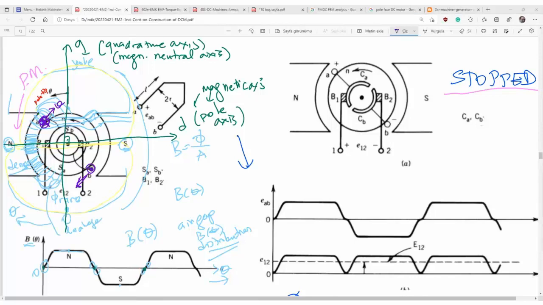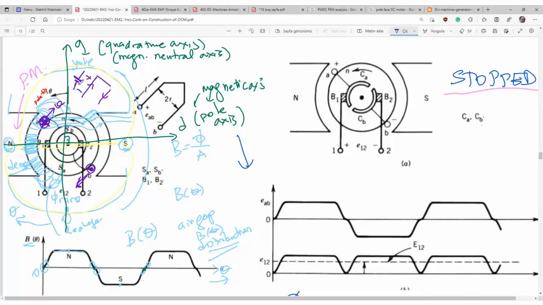Now, ladies and gentlemen, if you induce such a current, that means here you should induce such a polarity. Just compare the current direction with a simple battery. Here's the battery.